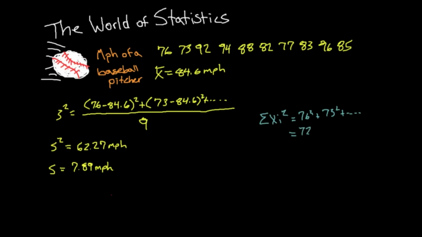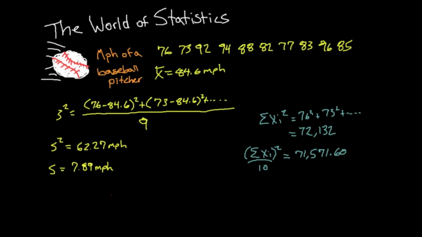And that gives us a value of 72,132. The next part is we're going to take the addition of all of our values and square it, and then we're going to divide by 10. So that gives us 71,571.60.